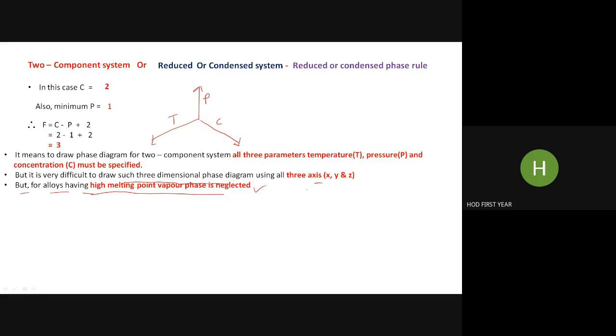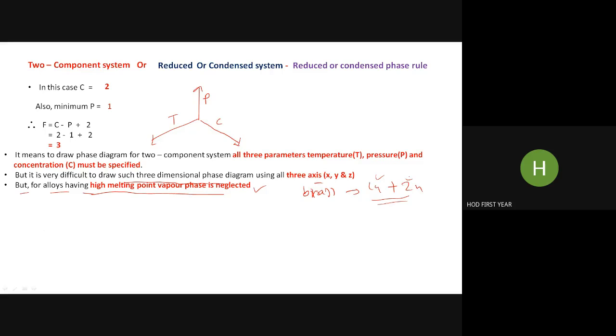When we talk about alloys, for example brass, brass is a copper plus zinc mixture. If you look at these two constituents of brass, their melting point is very high. So when we apply Gibbs phase rule to this brass system, we don't go to higher temperature.